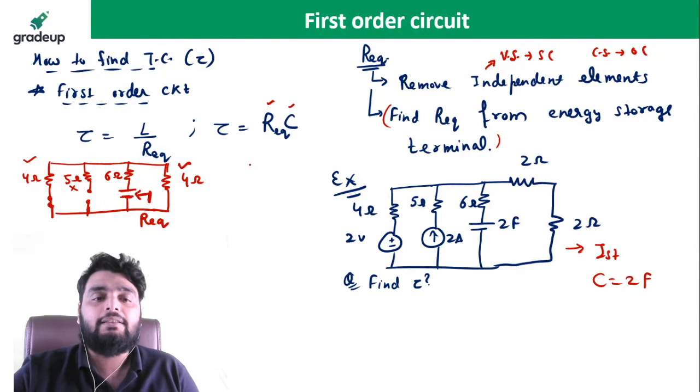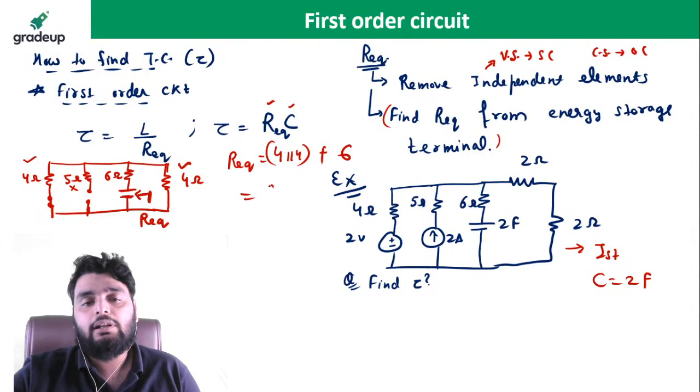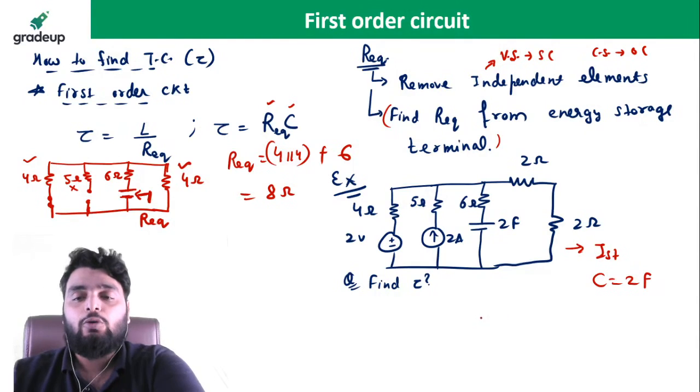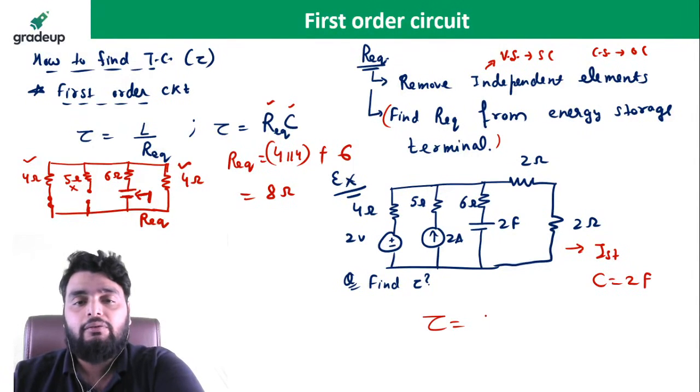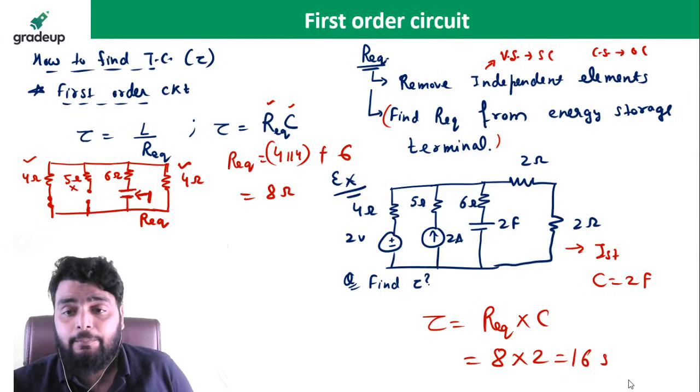And 6 ohm is in series. So what will be the resistance? R equivalent will be 4 ohm parallel to 4 ohm plus this 6 ohm in series. So it comes out to be 8 ohm. So the time constant will be R equivalent multiplied by C, equal to 8 multiplied by 2, 16 second. 16 second.